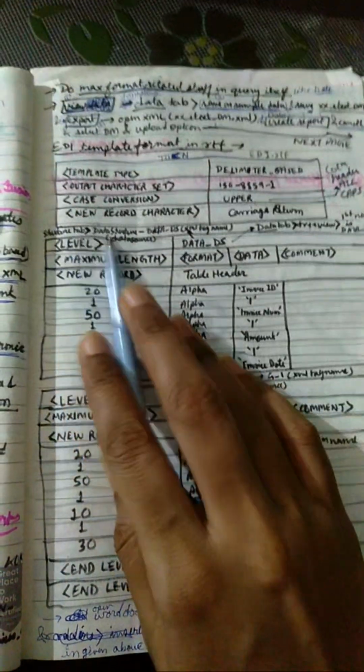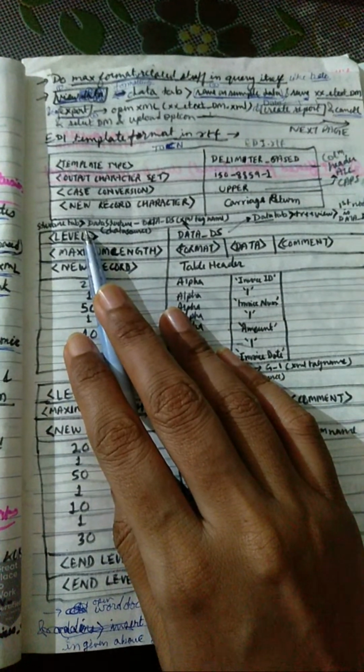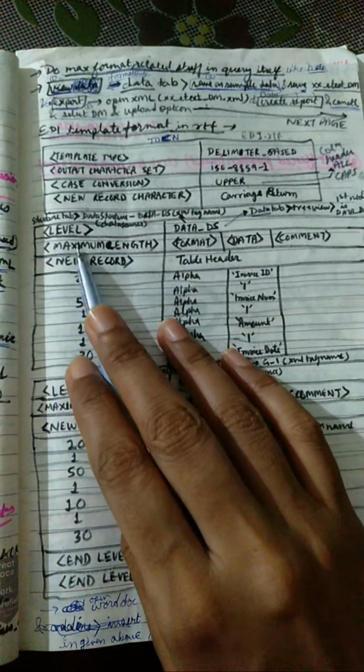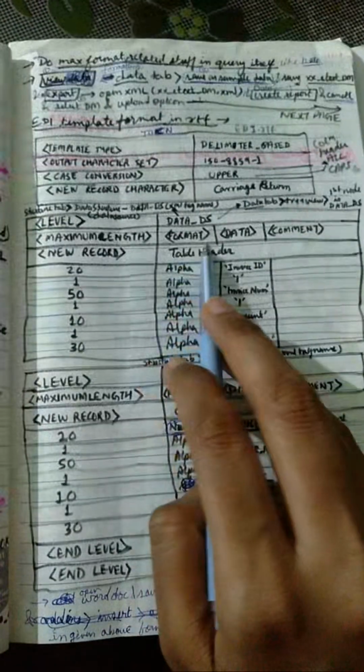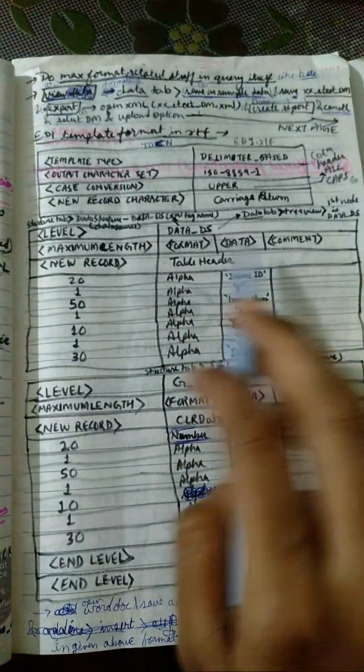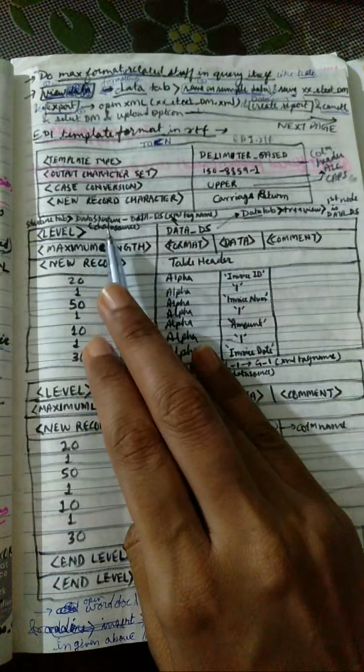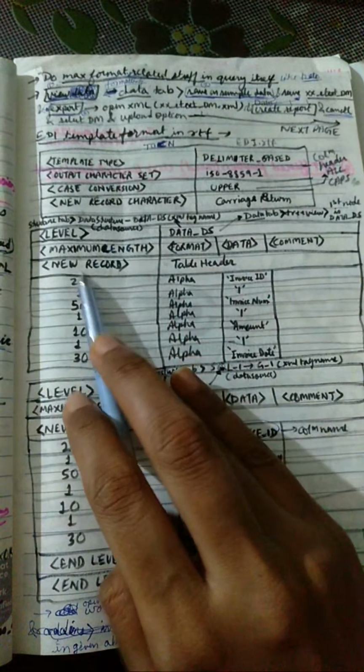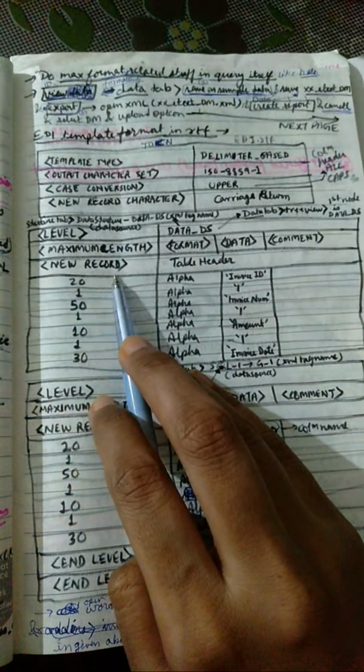Now the next thing is level, maximum length, format, data and comment. Before that, what is level? I'll show you. Then you have a new record.